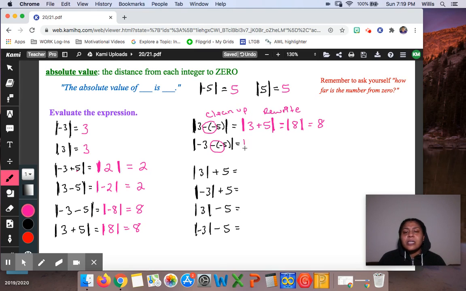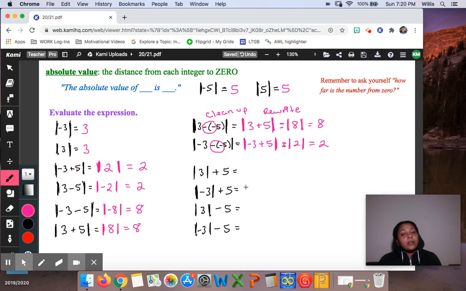So we're going to clean that up, rewrite your symbols. -3, that's what we start with. This is now plus. And 5, close it. We're going to take care of this. Look, it's real similar to this one here. So that means we get 2. Okay. And then the absolute value of 2 is 2.